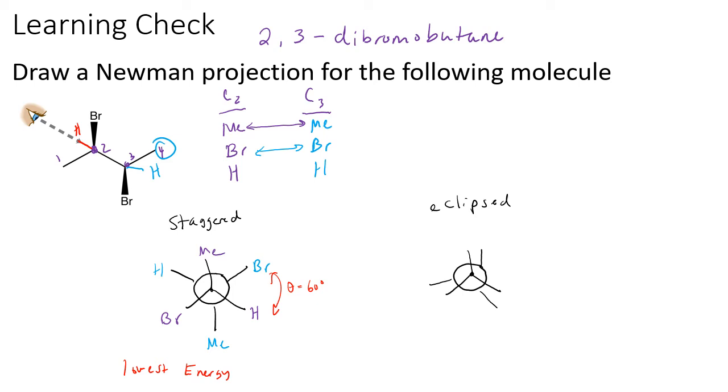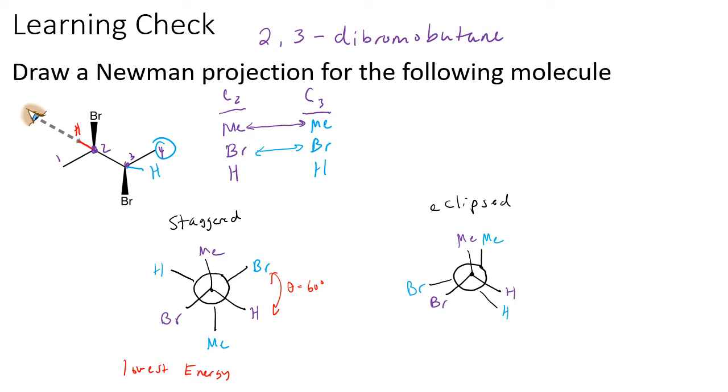So in this scenario, we'd want our two biggest groups lying on top of each other. So the methyl group on the front would be right next to the bulky methyl group on the back, because that's the worst. Same thing with the bromos. We're going to have the bromo group on the front carbon right next to the bromo group from the back, and then the hydrogen on the front would end up being next to the hydrogen on the back.